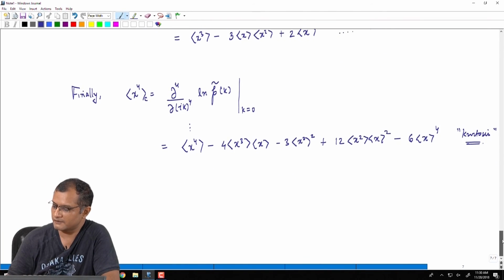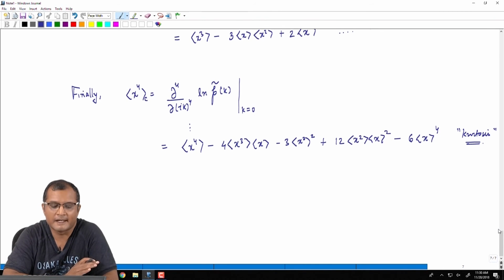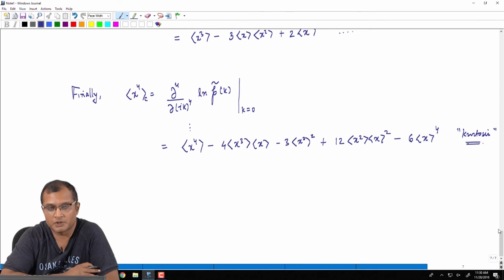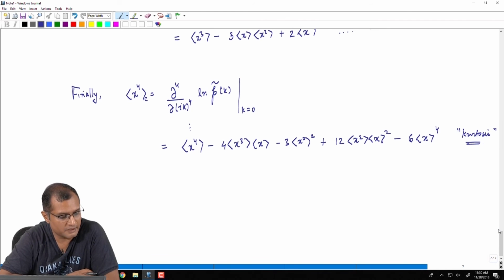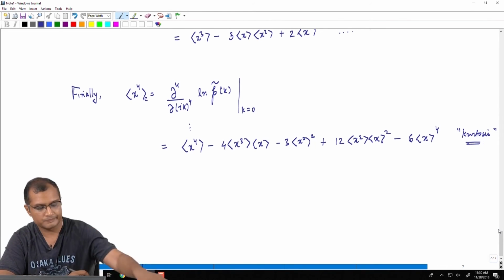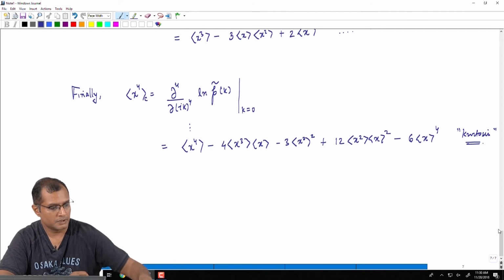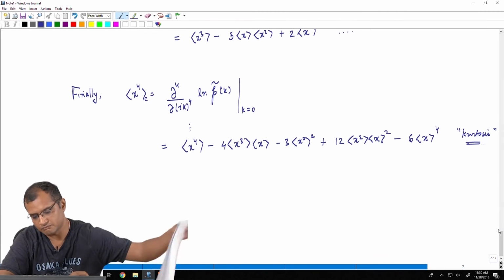So, in most problems, it is enough to go up to the second cumulant, and in problems such as fluid mechanics, one can actually compute cumulants up to order 4, which will give important information about physical properties of the system. So, this is the basic idea behind deriving these moments and cumulants.